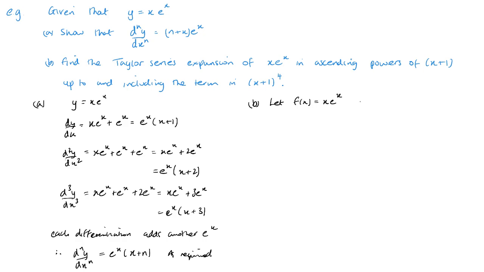And a will be minus 1 because we've got the x plus 1. Now here we're going to use the Taylor series expansion, the B one. Okay, so this says that f of x is equal to f of minus 1.